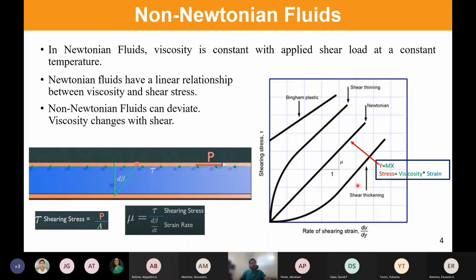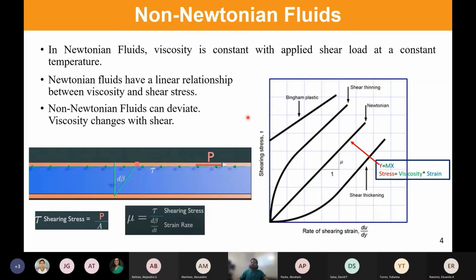That's called shear thickening, like your liquid is getting more and more thick. The opposite happens in shear thinning. And then Bingham plastic, where you don't see a certain amount of strain for a certain amount of stress, and after that it starts giving a linear profile.